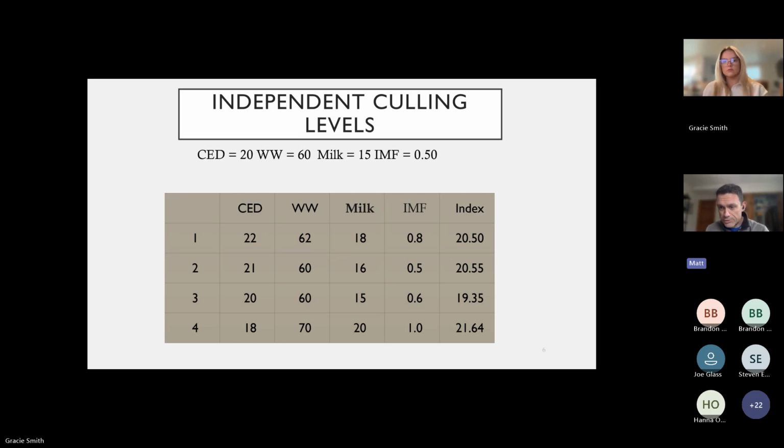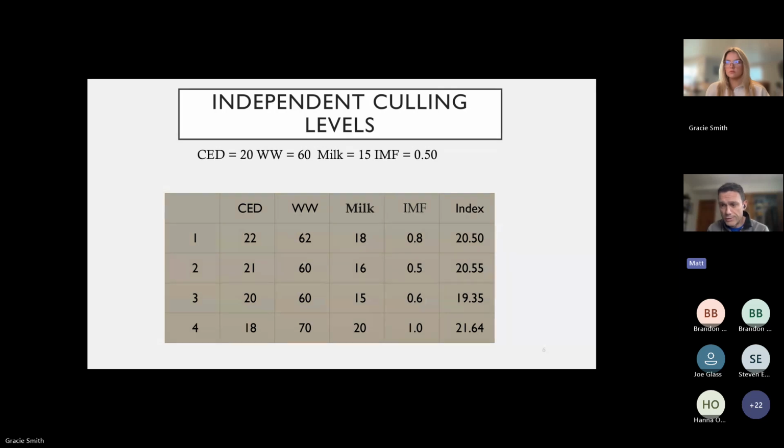What this assumes is that the producer sets levels for each trait. And in my example, I set a level of calving ease at 20. Higher is more desirable. It's really related to the probability of having unassisted calves. Weaning weight at 60, milk at 15, and IMF at 0.5.